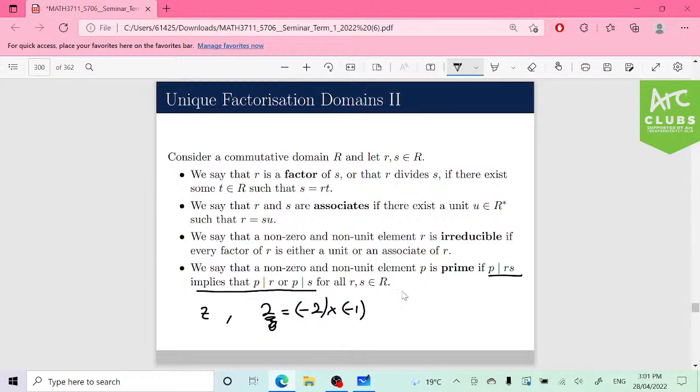Remember that under Z, the only units are 1 and minus 1. So we can obviously write 2 as 2 times 1, we can write 3 as minus 3 times minus 1, but all of this doesn't matter because minus 1 here is a unit, or an invertible element, and we don't really care about these elements. So 3 and minus 3 are associates.